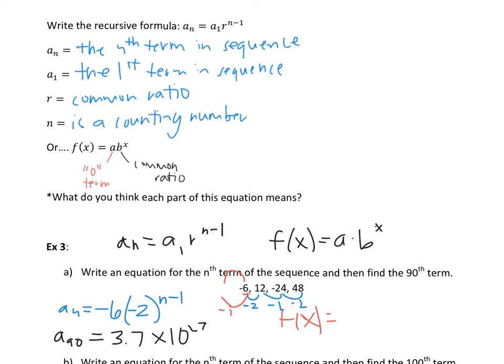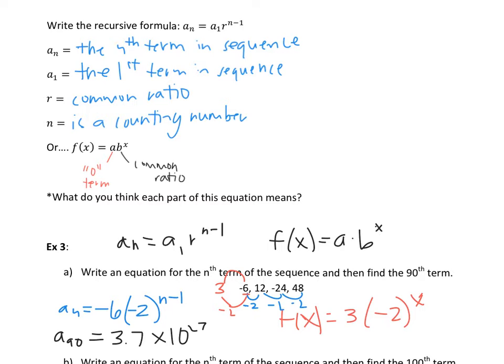So what times -2 gives you -6? Well, if you didn't know it was 3, take your calculator, take -6, and divide it by -2. So work backwards, and the 0 term is 3. So 3 times b, the common ratio, -2 to the power of x. So on my calculator, I'll type in 3 times -2 to the 90th power.